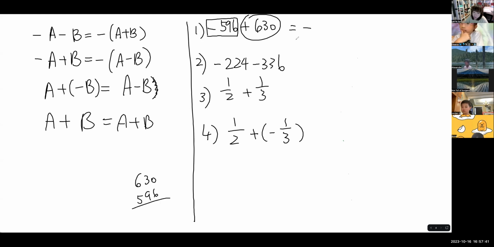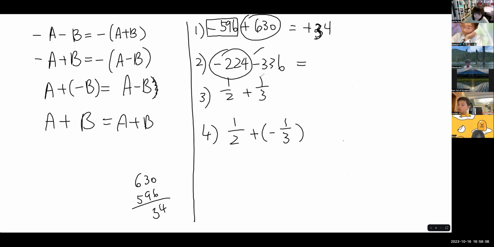Equals 34. The positive is bigger than negative, so this one's positive 34. Get it, everybody? Okay, so now let's take a look at the next one.